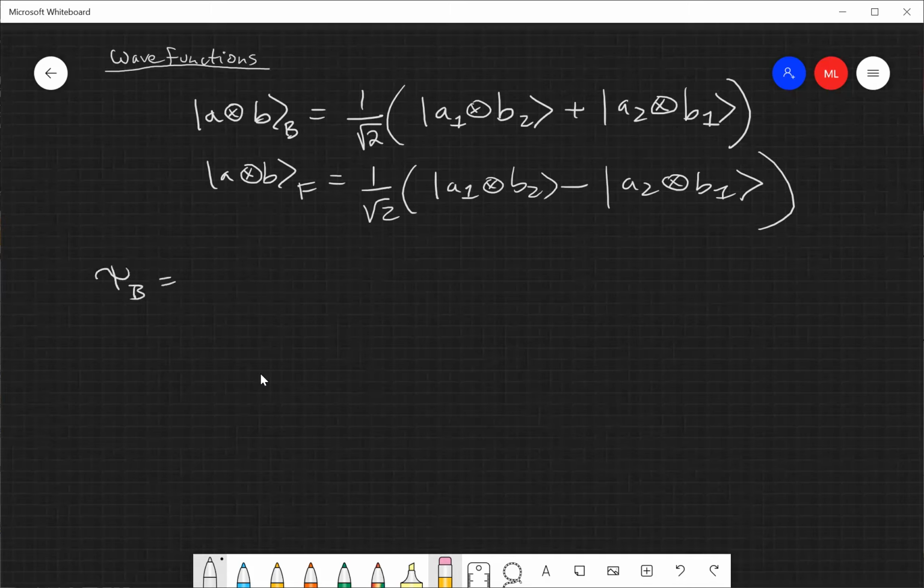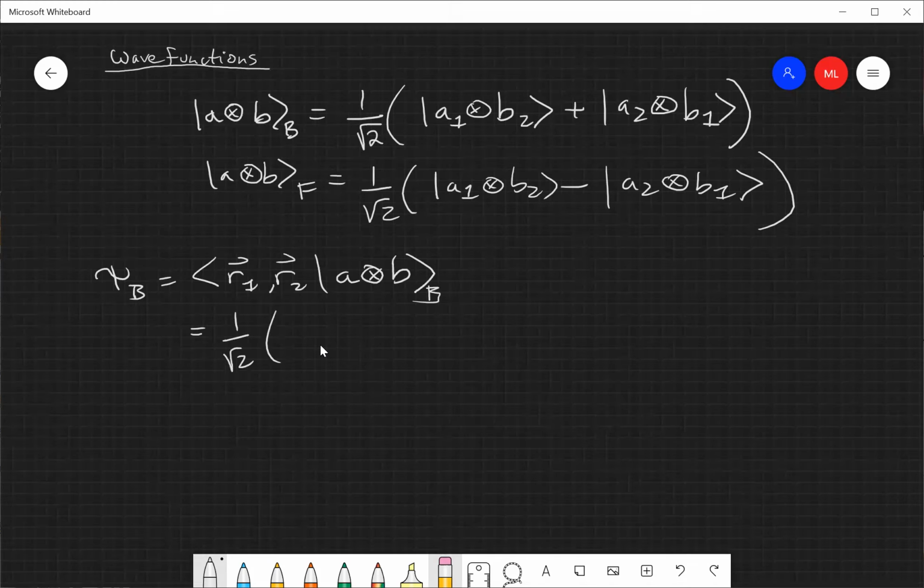They're just going to be the inner products between the locations of particle 1 and 2, and our state, say the bosonic one. And see, it works out now that when we do this, we dot product this with this state, what do we get? Well, this will be R1 dotted into A1. Remember how tensor product inner products work? You do the inner products between the individual Hilbert spaces, and you just multiply them together. So this whole thing will be 1 over square root of 2.